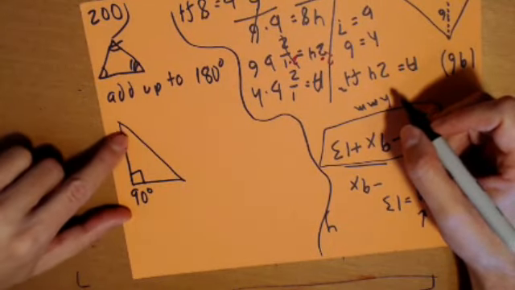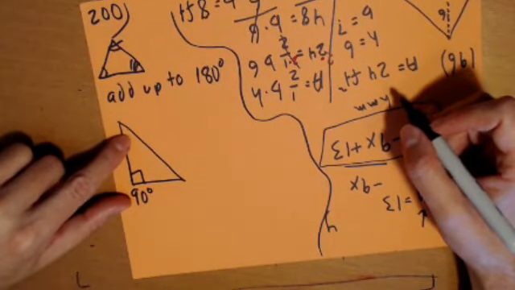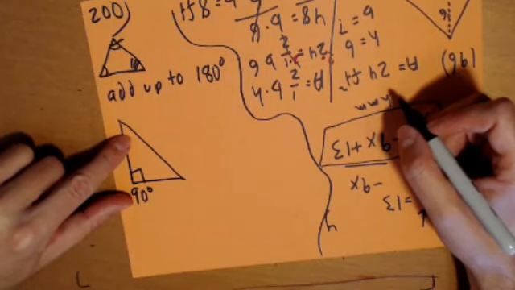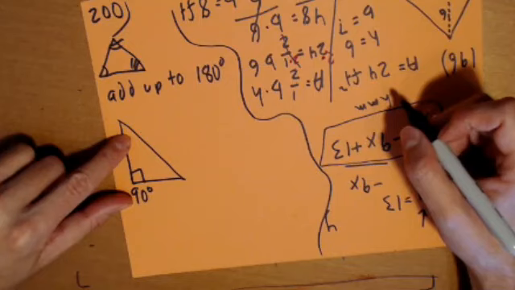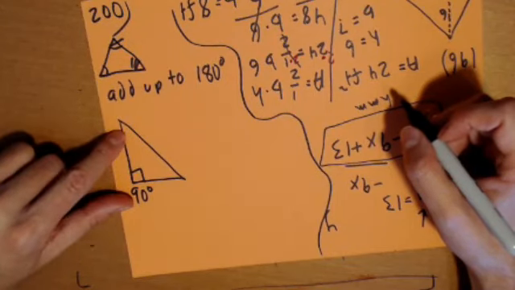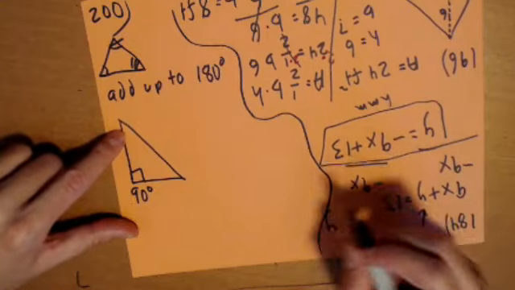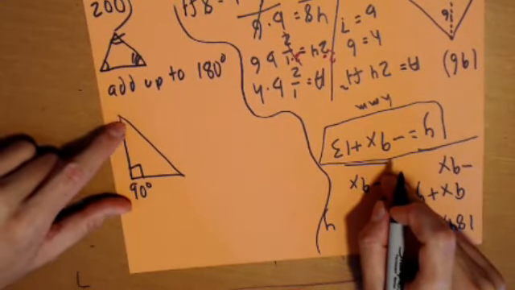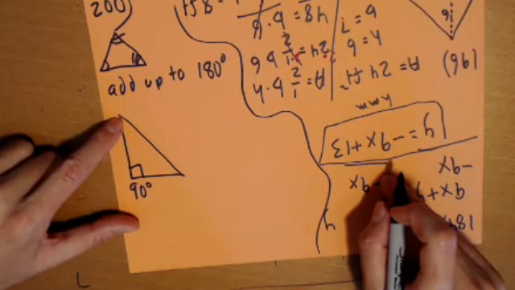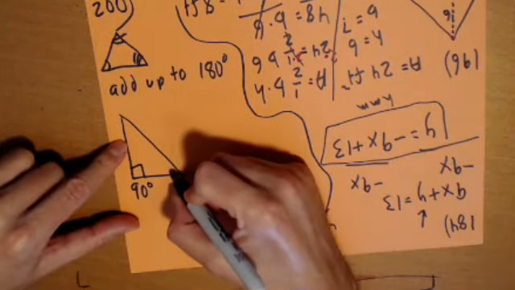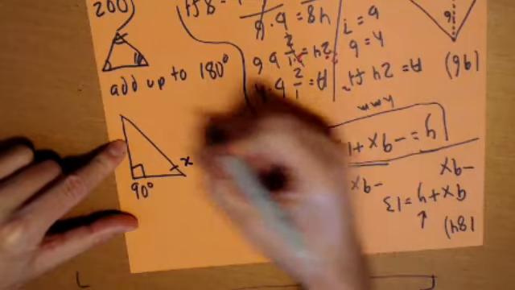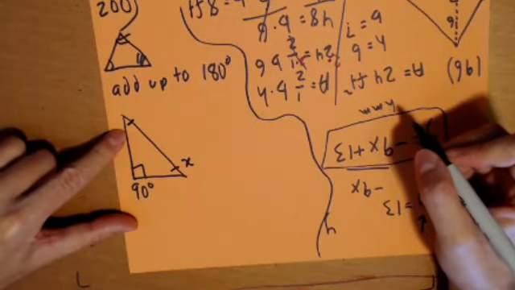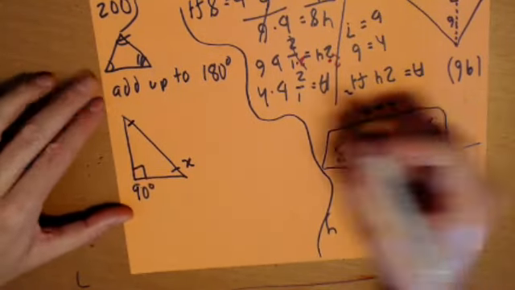Okay, so this is like the smaller one, the bigger one will say. The measure of the smaller angle of a right triangle is 20 degrees less than the measure of the next larger. 20 degrees less. Okay, so these types of problems are just practice, practice, practice. So if I call this angle X right here, then this one would have to be 20 degrees less than this one.